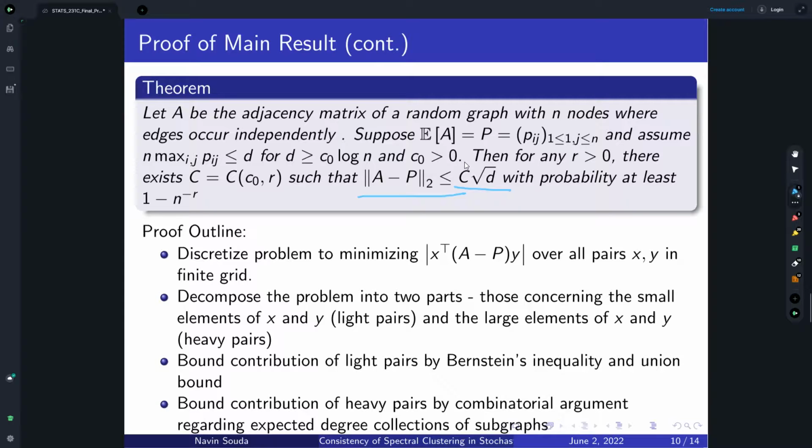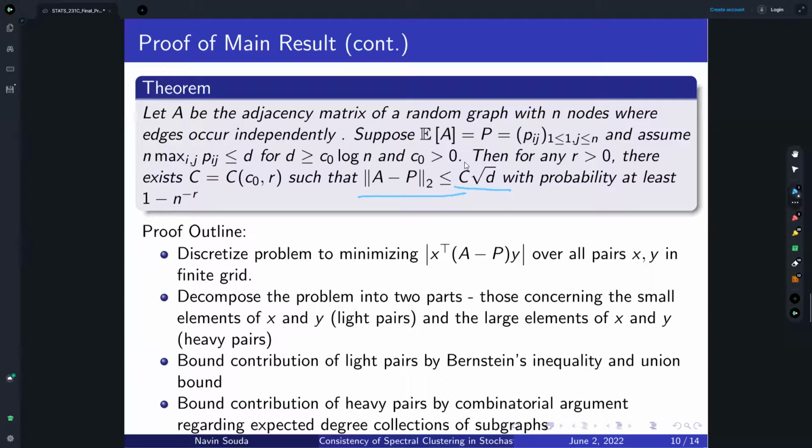The reason why they need this argument is because they want to provide a bound that works for all d up to a constant times log n. Because they want to go all the way to the threshold, that's why they need this involved argument. You could prove a simpler version if you allow for log factors, for example, if you try to prove C root d log n, you might use a simpler inequality.